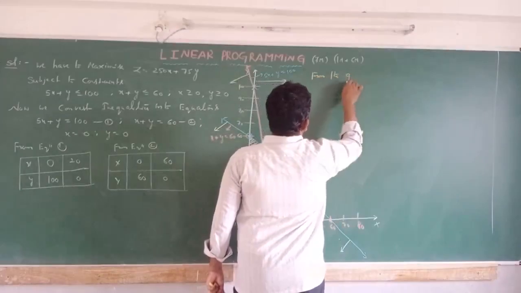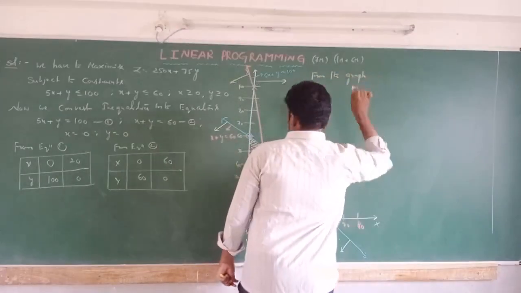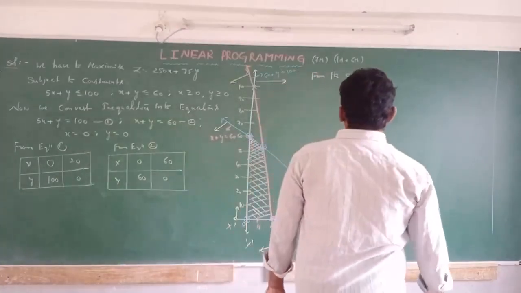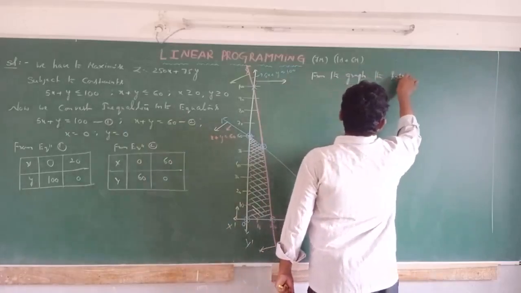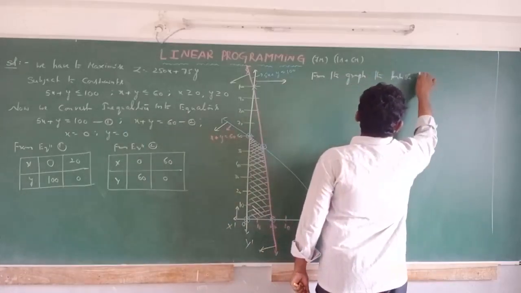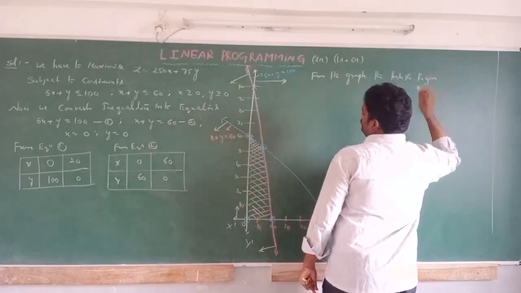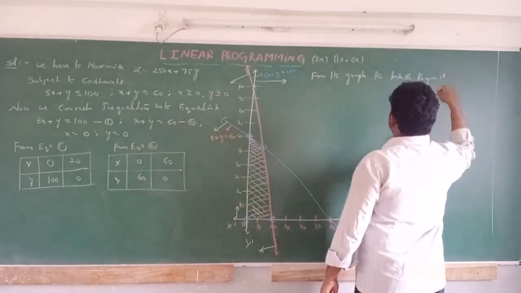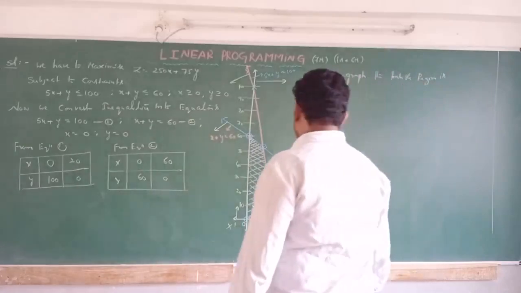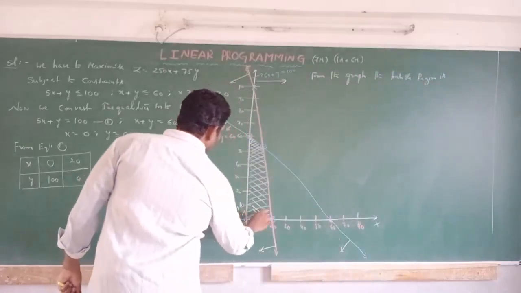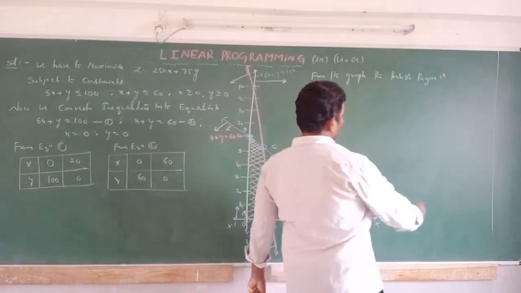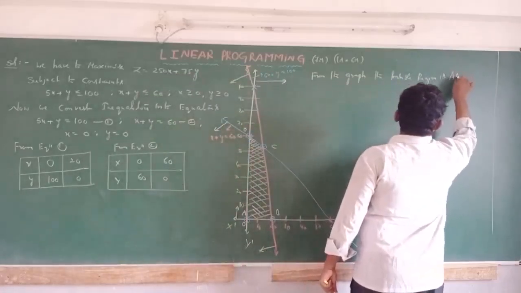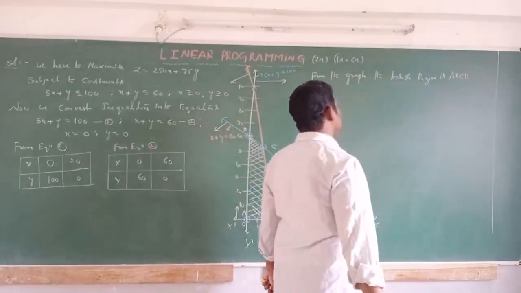From the graph, the feasible region, if you give the names A, B, C, D, is ABCD.